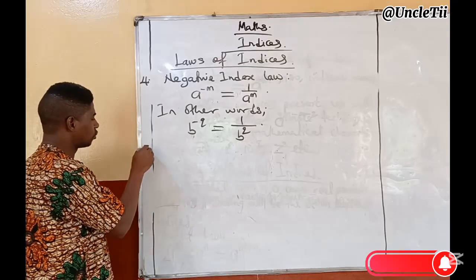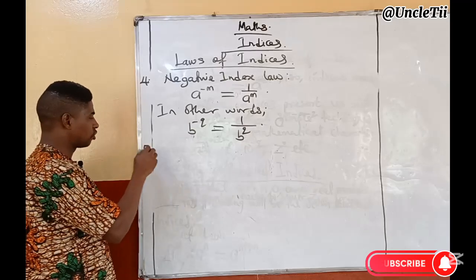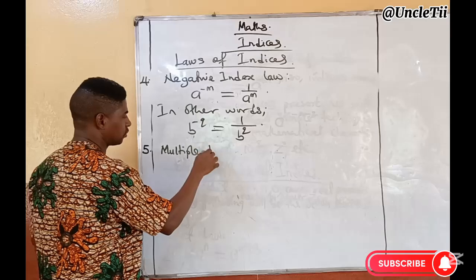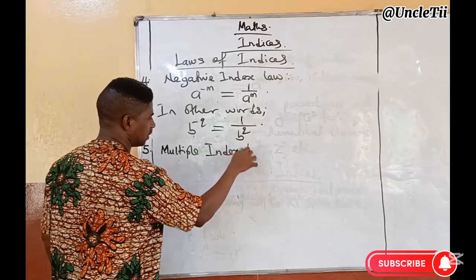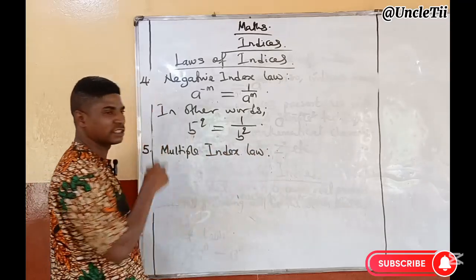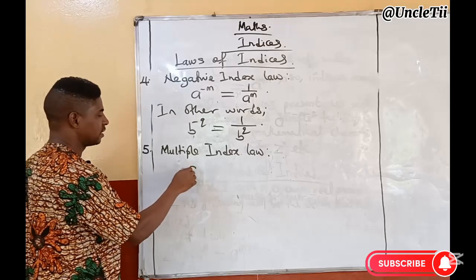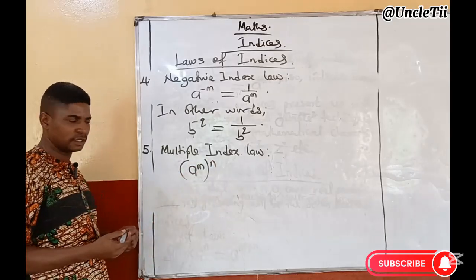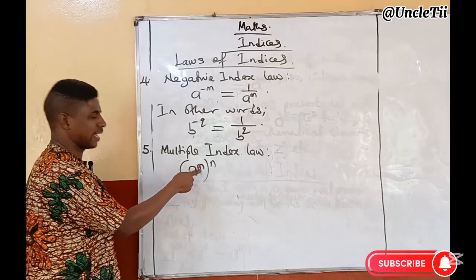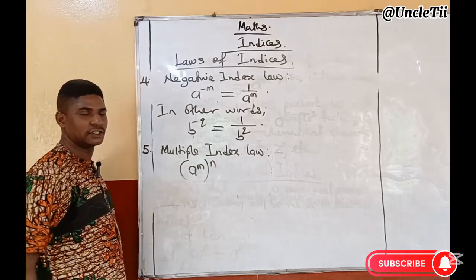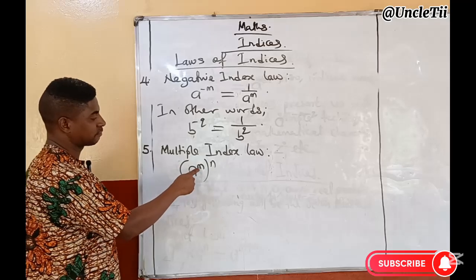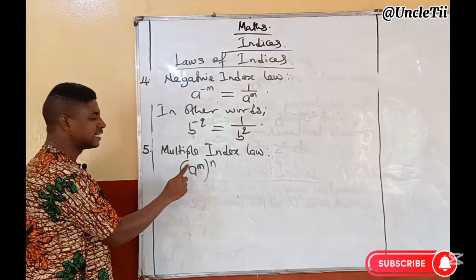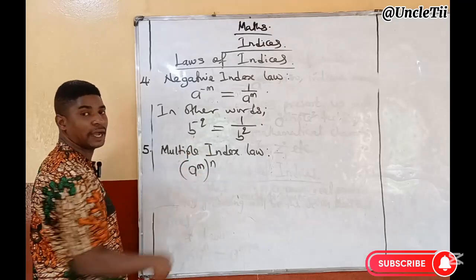Then we take law number 5. This law number 5 is the multiple index law. What is this law saying? This law is saying if a raised to power m is raised to power n. Now look at it. So there are two powers, m and n.